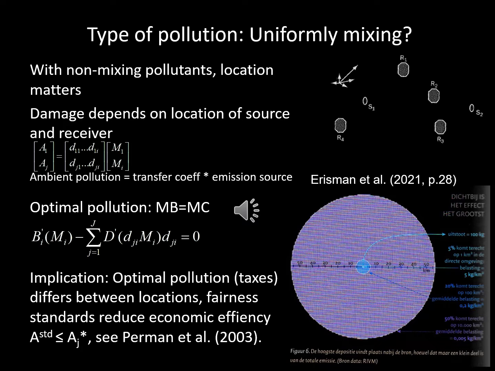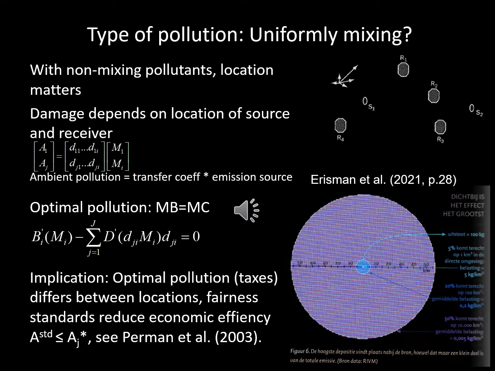As shown in the figure taken from Erisman and colleagues, about 5% of nitrogen deposition occurs on land within a kilometer squared radius from the source, and 20% and 50% within 100 and 1,000 kilometer square radius from the source, respectively.